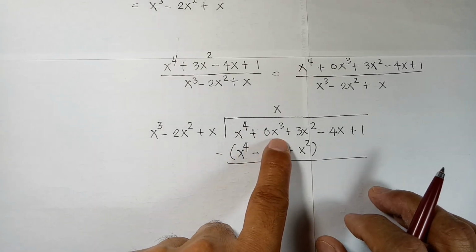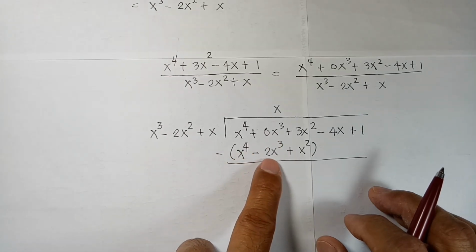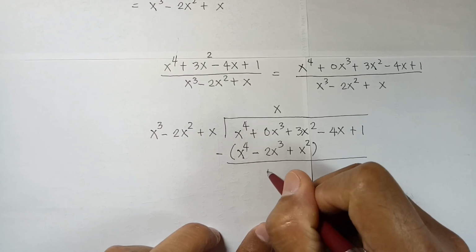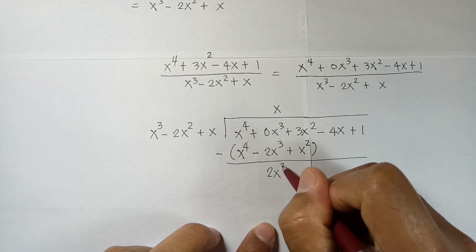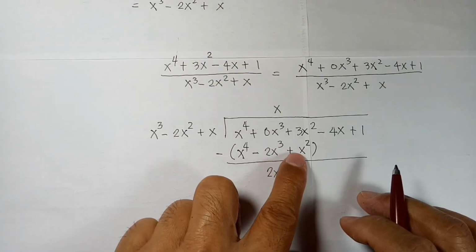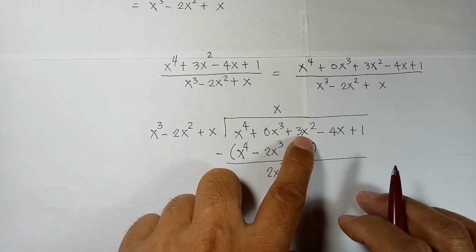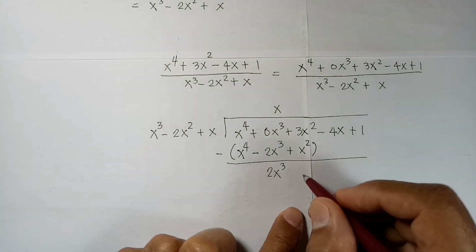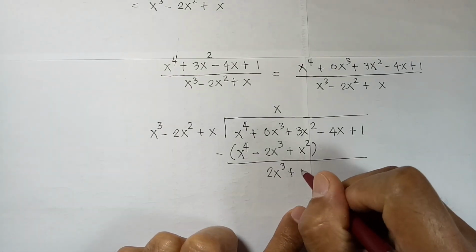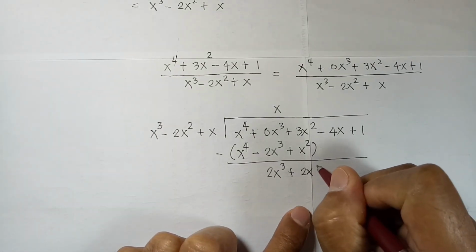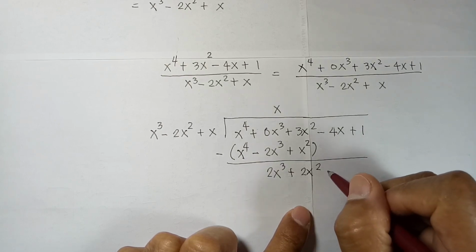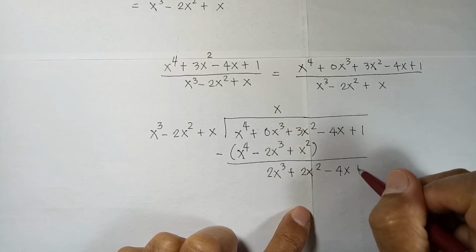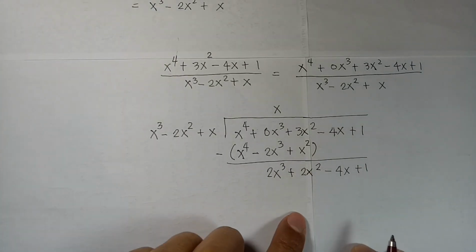And then 0x cubed plus positive 2x cubed will become 2x cubed. This one will become negative x squared. So 3x squared minus x squared equals 2x squared, and then bring down negative 4x plus 1.